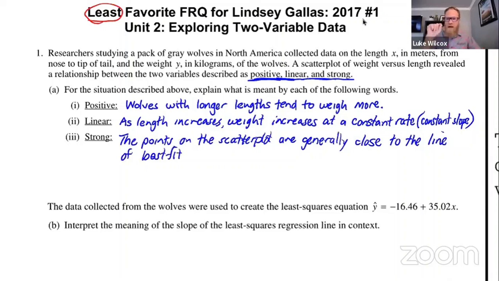And if the dots are relatively close to the line of best fit, then that means that those residuals, which is the error in the prediction, are all going to be generally pretty small. So I'm going to put a little add on here that we have small residuals, right? If those points are close to the line, then we should have small residuals there. So there is our model solution for part A.